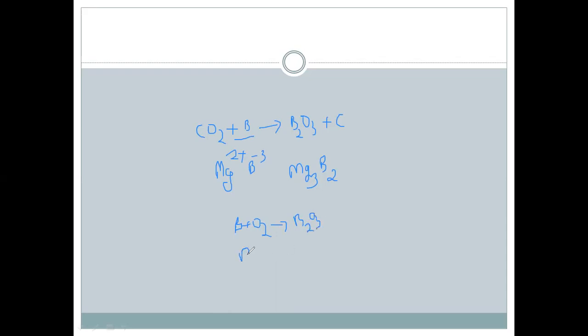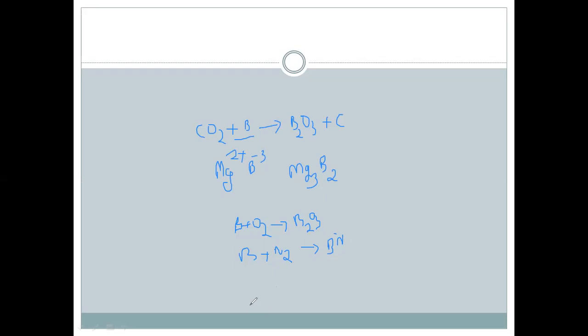And if I treat this boron with nitrogen, N2, I am going to get boron nitride, because B is 3 plus, nitrogen is 3 minus. So BN will be the formula for this boron nitride.